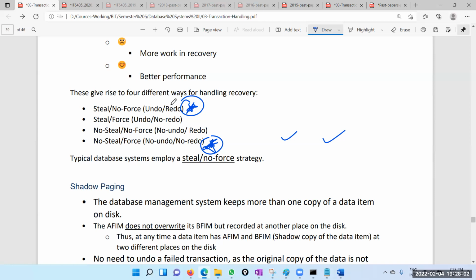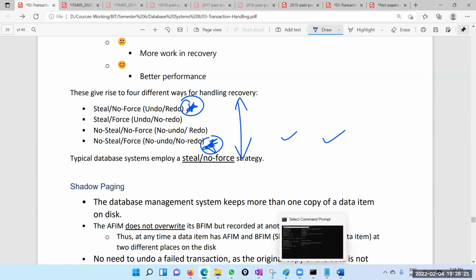So deferred update strategy is used when you have no steal but... sorry, not steal but no force. The wording is a little bit confusing.